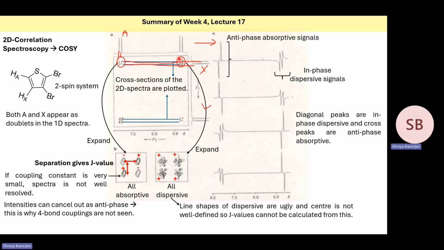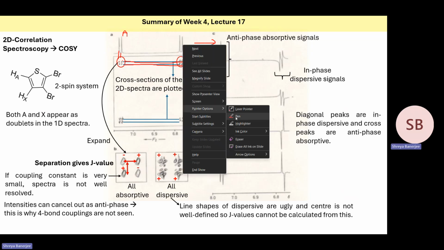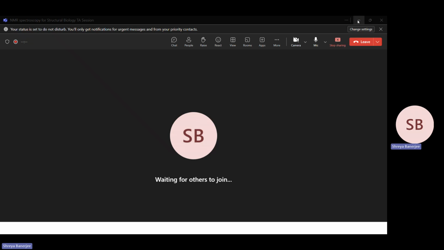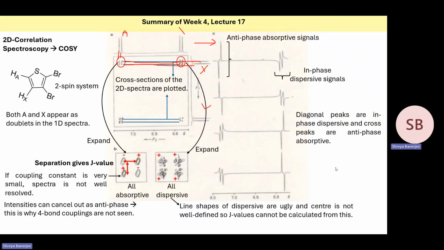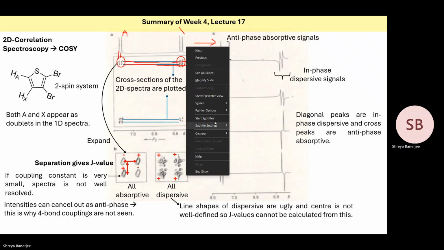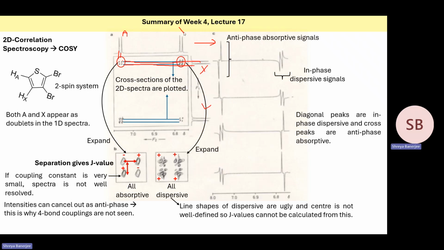And if you expand the diagonal peak, there also you will get 4 peaks within the diagonal peak, because each is a doublet.